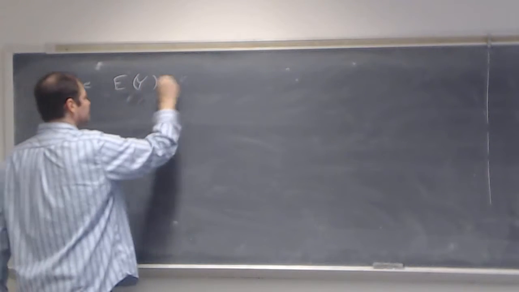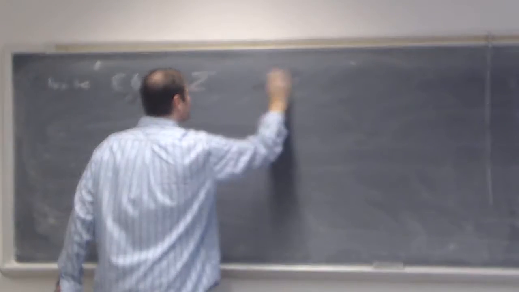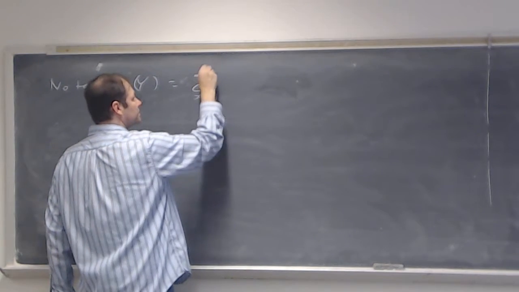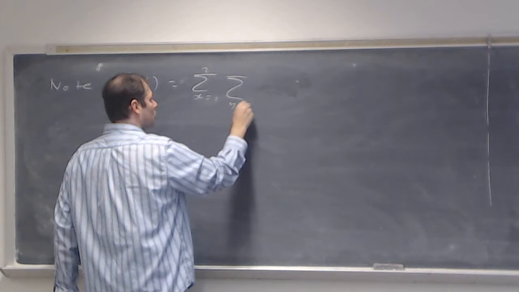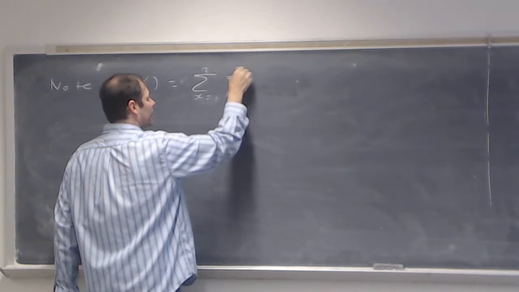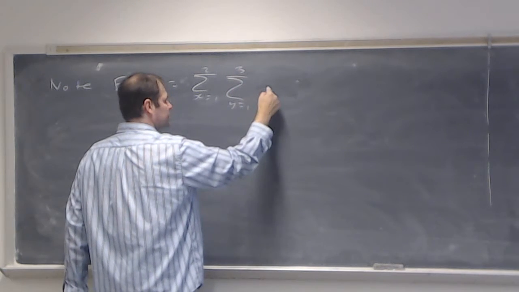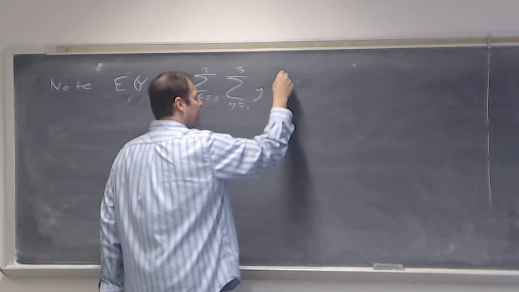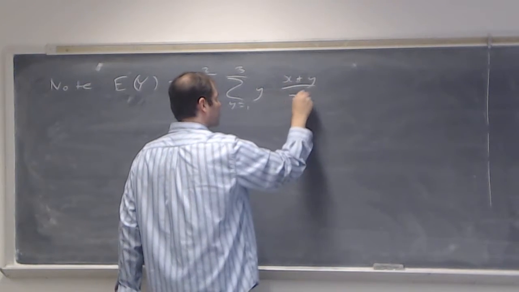Again, I'm going to skip some steps and say, look, this is a double sum. x runs from 1 to 2, y runs from 1 to 3. Again, the function of x and y in this case is y, and then it's x plus y over 21.